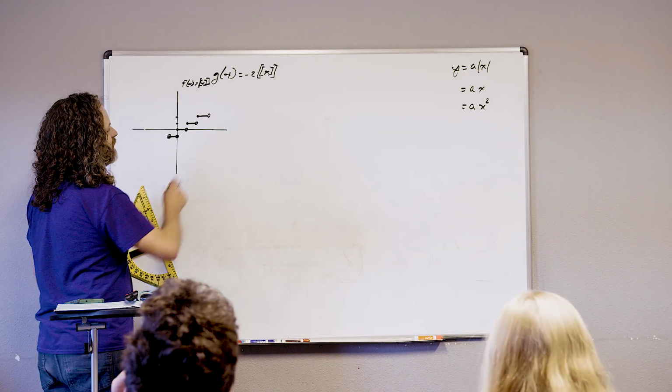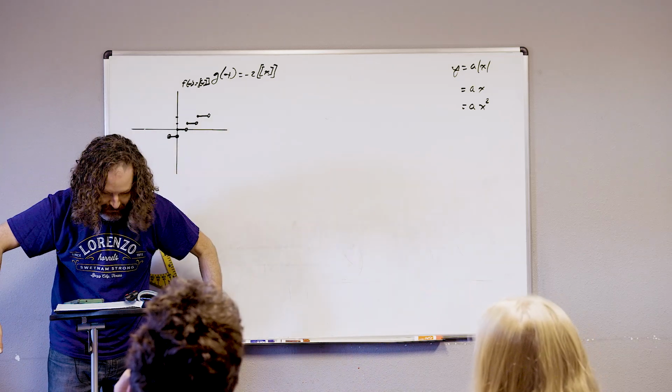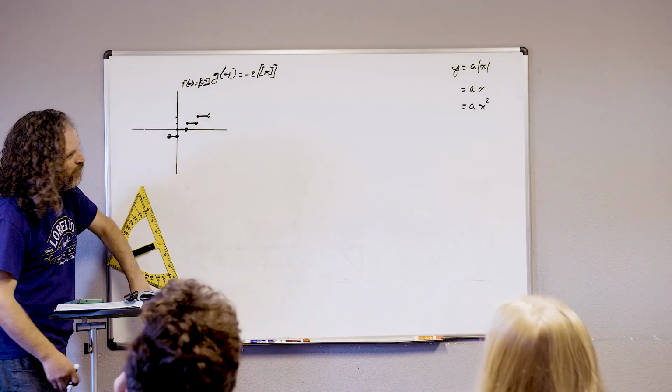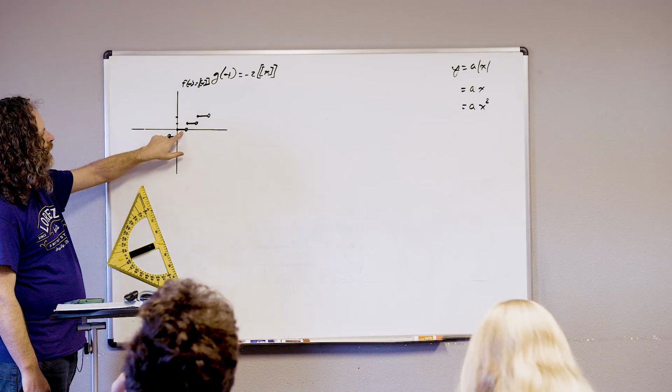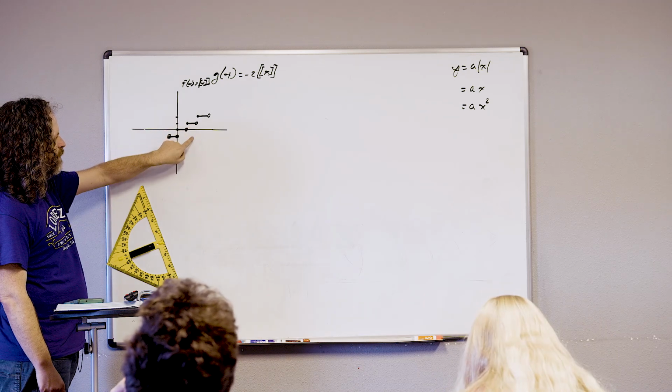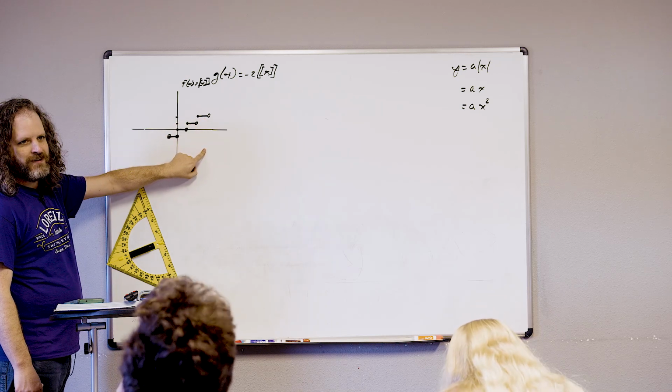Okay. So it's negative. What does that do to it? It flips it down, yeah? So it's going to take this and flip it over, which this middle one's going to do nothing. This one, instead of being here, is going to be down there. This one, instead of being up here, is going to be down there, right?